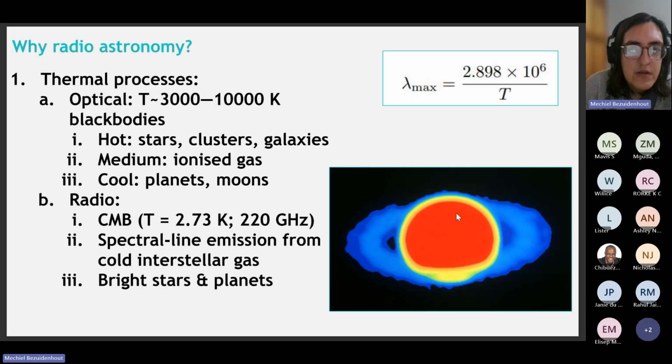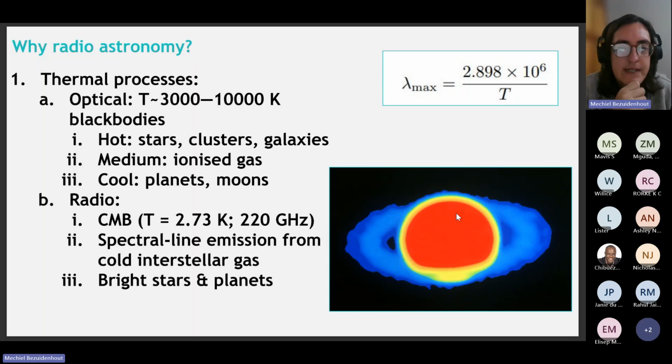In radio emission, as we said before, the temperature to see thermal emission in radio has to be very, very low. So we don't typically see stars and these hot objects, but we can see the cosmic microwave background that has a temperature of 2.73 Kelvin, which means it peaks at about 220 gigahertz.